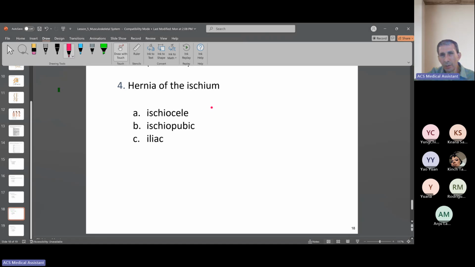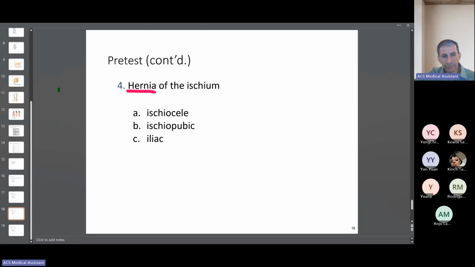So let's talk about hernia. Probably we haven't seen this term before, but we have seen ilium. So here we have ilium, we have ilium, we have iliac, but iliac doesn't have anything to do with ilium. So that is not the right answer. So C is not. So now I have 2 ilium options.